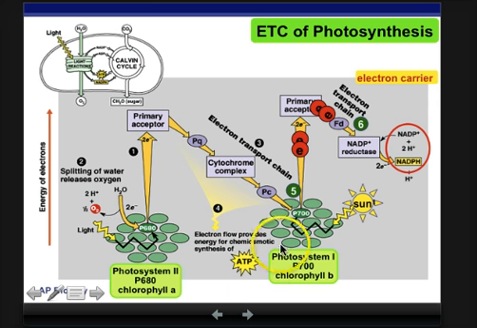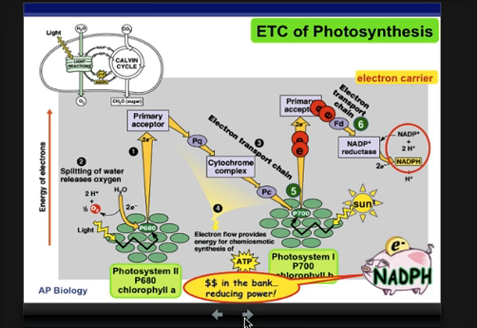All right. So this is our major electron carrier to carry the energy of electrons, okay, to the Calvin cycle. So big picture here is that the thylakoid membrane converts light into ATP and NADPH.